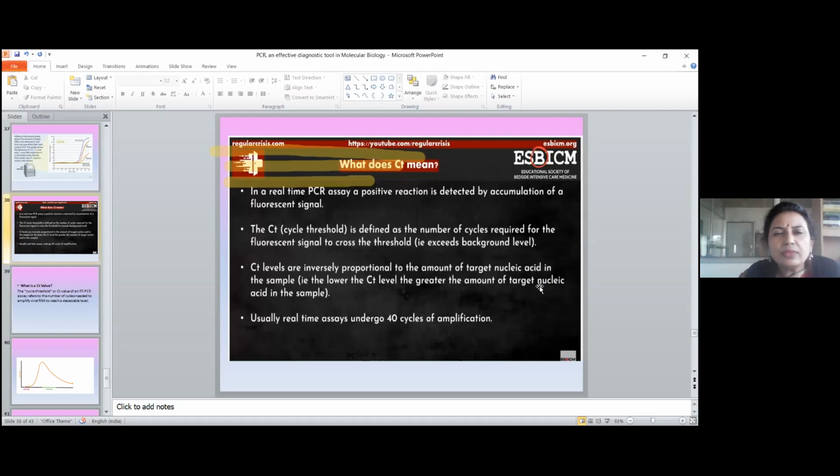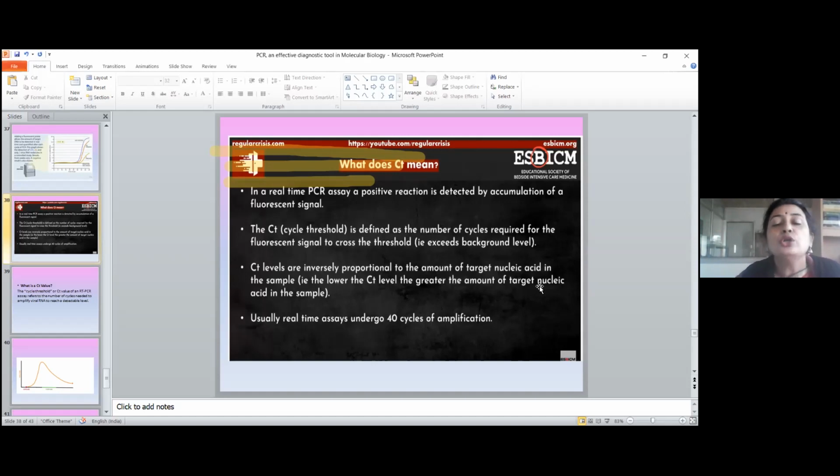Now, you can read this on the PPT. In a real-time PCR assay, a positive reaction is detected by accumulation of fluorescent signal. Number two, the cycle threshold is defined as the number of cycles required for the fluorescent signal to cross the threshold. Number three, CT values are inversely proportional to the amount of target nucleic acid.